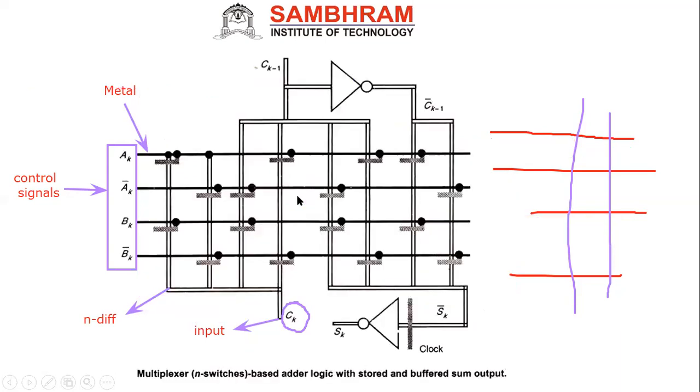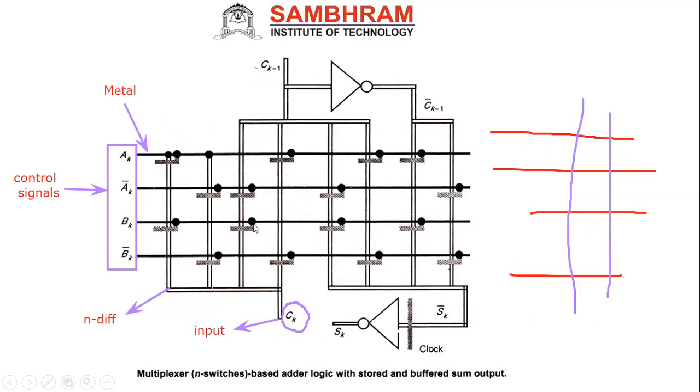Where is the A bar, B bar? AK bar, BK bar transistors are created. The one more input is CK. Sorry, I made a mistake. This is not the input CK.